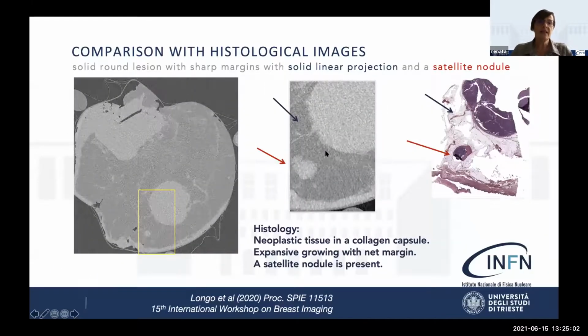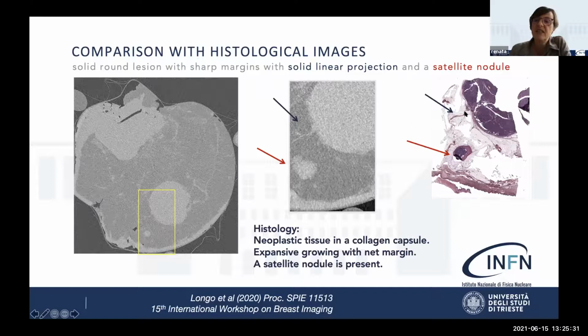One more example. In this example, again, obviously these are mastectomy. So in mastectomy, the cancer is huge, but we can appreciate some detail because we can see the magnification of these details. And this is a satellite nodule that is visible also in the histology, but it is also possible to see an expansive linear solid projection.